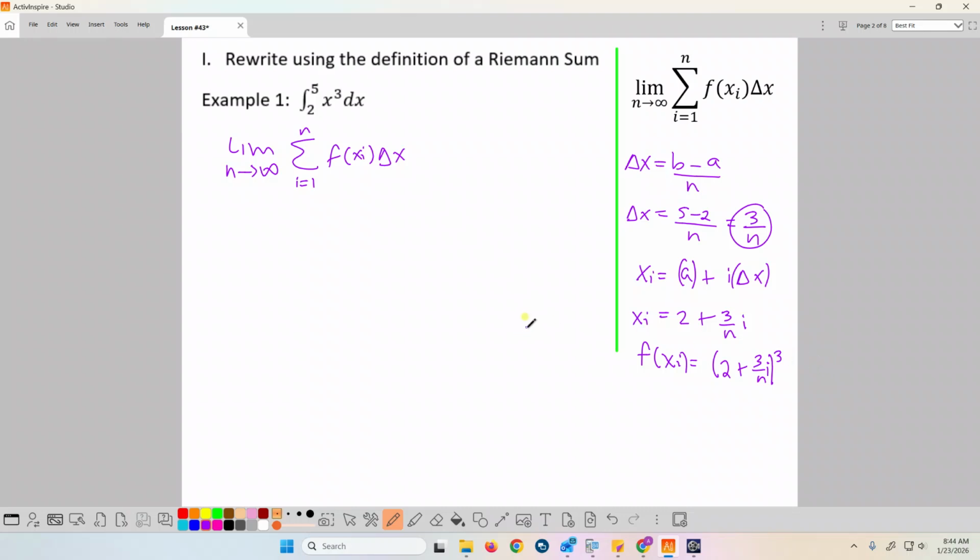Now, let's write this in summation notation. All right, so this is going to become here the limit as n approaches infinity. We're still going to go from 1 to n, right? N number of rectangles as n approaches infinity. I'm just going to plug in this piece right here, which we just found to be 2 plus 3 over n i cubed.